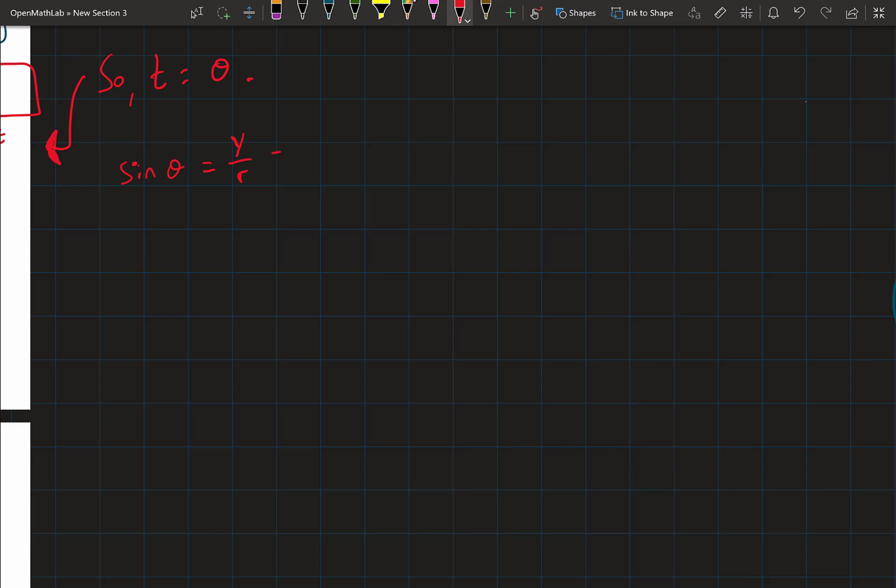So in this case, the radius is 1, so we'd have y over 1, which is equal to y. And this would be the same thing as sine t, since theta equals t. So in other words, sine theta equals sine t, which equals y.